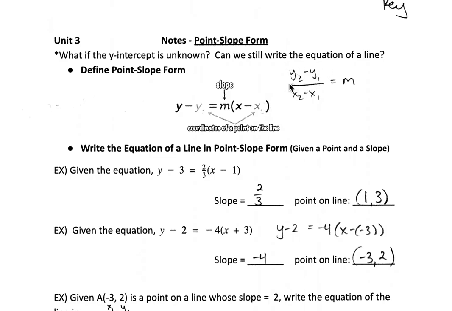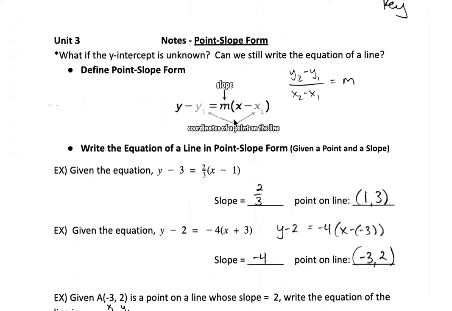And then the leftover over here after the denominator got canceled is just y2 minus y1. And so in point-slope form, we're going to take those x1 and y1 values, and those are going to be the coordinate values for any point on the line. M is still going to represent our slope, and it's still going to be in front of our x values. But these x and y's, those y2 and x2's, we're going to keep them as variables because we want them to represent any other point on the line.